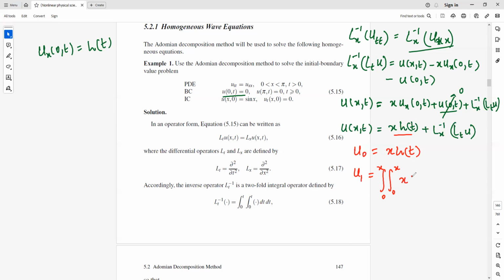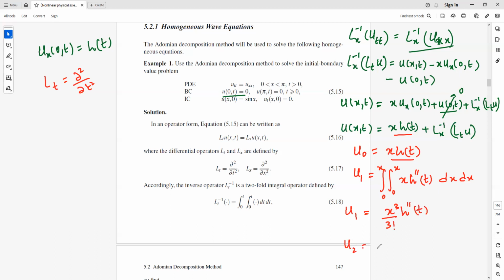So this gives h double prime of t, because the LT operator is the second order partial operator with respect to t. If we differentiate this twice, we get this thing, right? Now u1 will be equal to x cubed over 3 factorial h double prime of t.